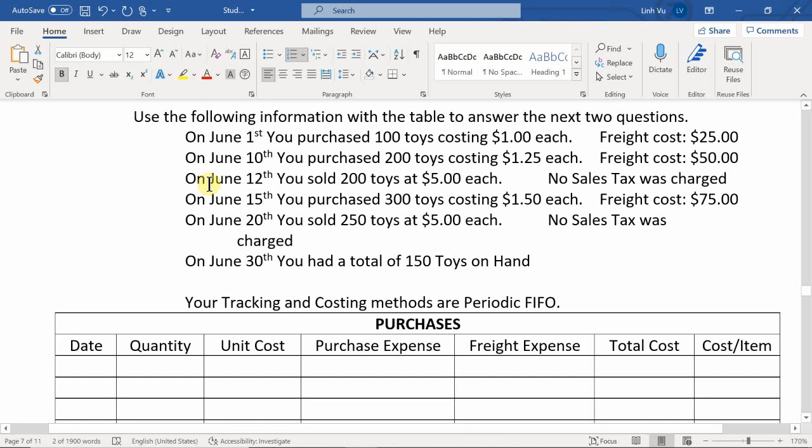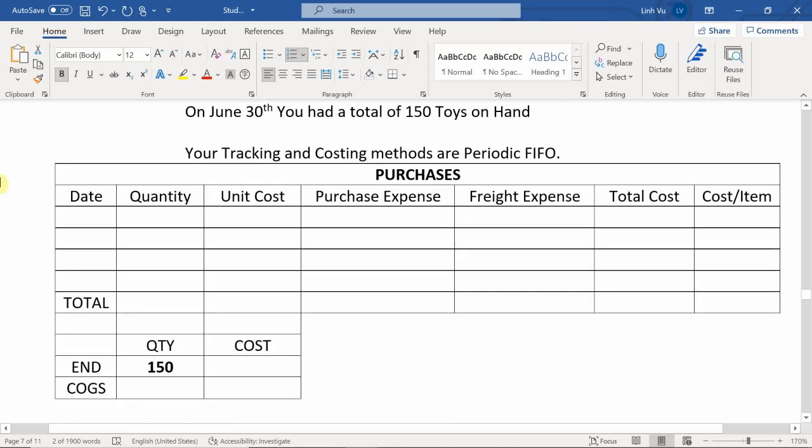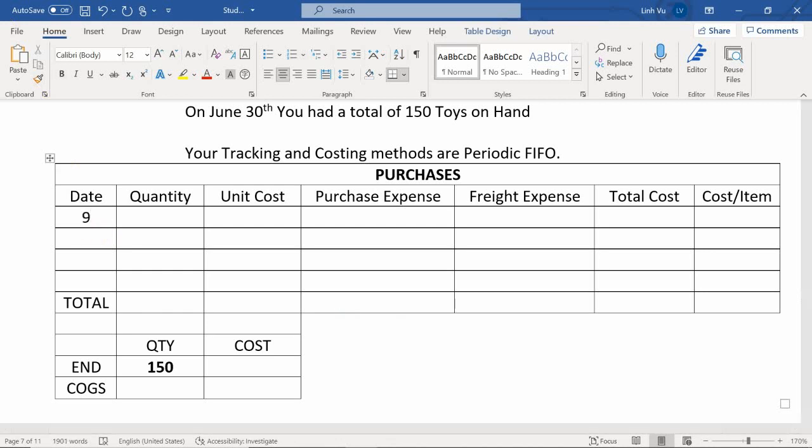On June 1st, you purchased a total of 100 toys costing $1 each, with the freight costing $25. So the date is June 1st, quantity 100 at $1 each, with the freight costing $25.